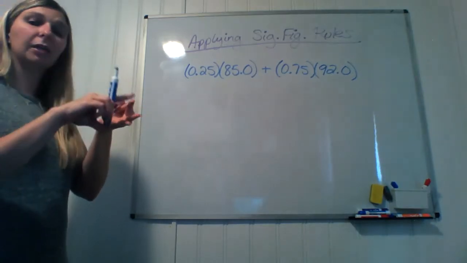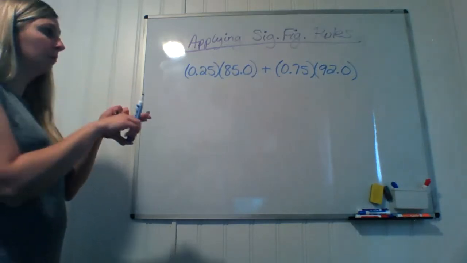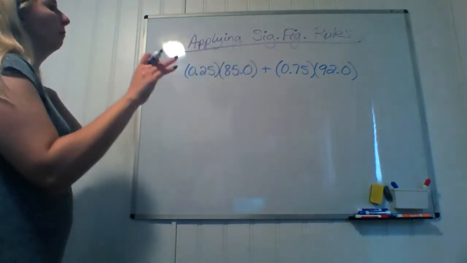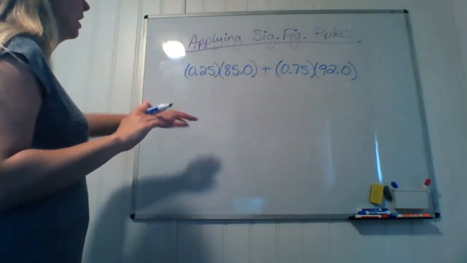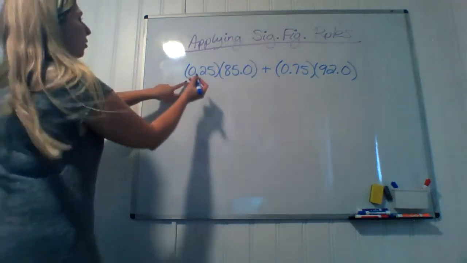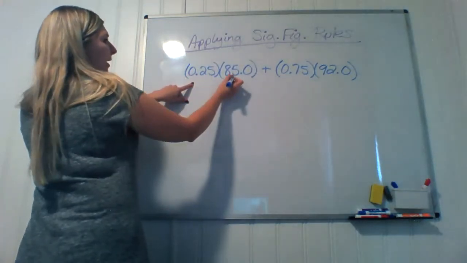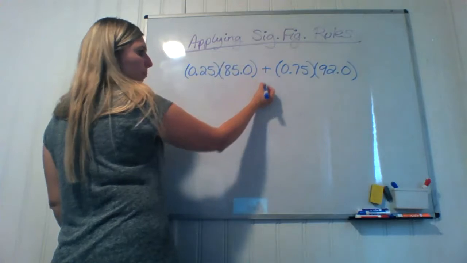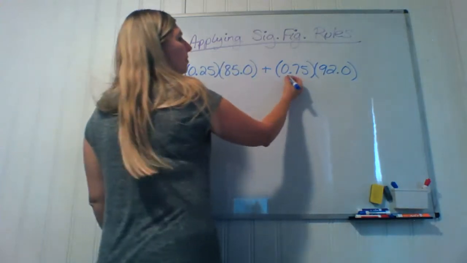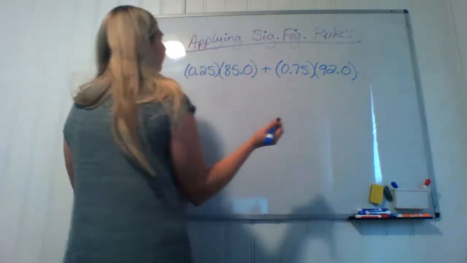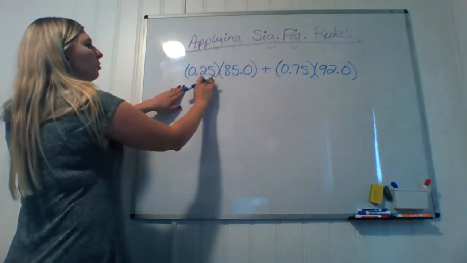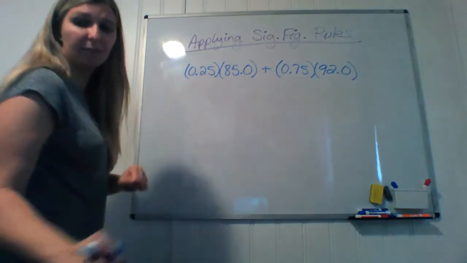No. Next, we're going to do multiplication from left to right, okay? So multiplication from left to right, then that means we're going to do this multiplication. The addition does not come yet, so you just bring the addition down and then you do this multiplication. So let's begin with the left side here, 0.25 times 85.